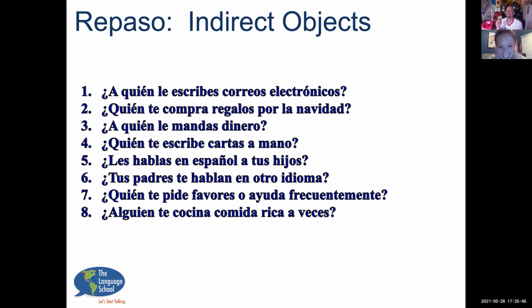Tengo pregunta. Dispara. When you use the negative, to say no in response to a question, where do you place the no with all those words? Is it still directly in front of the verb? Typically speaking, yeah. Very good question. If you're using the direct object or the indirect object, the no goes in front of the pronoun, so the indirect object comes in front of the verb.